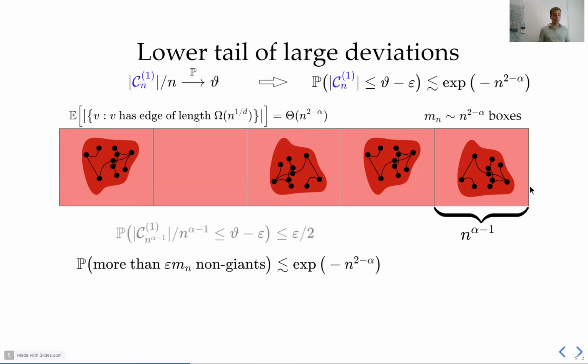Now, just by Chernoff bounds, the probability of having more than epsilon times the number of boxes without a giant decays exponentially in the number of boxes. So that means that we see exponential decay with exactly the right exponent, n to the 2 minus alpha.